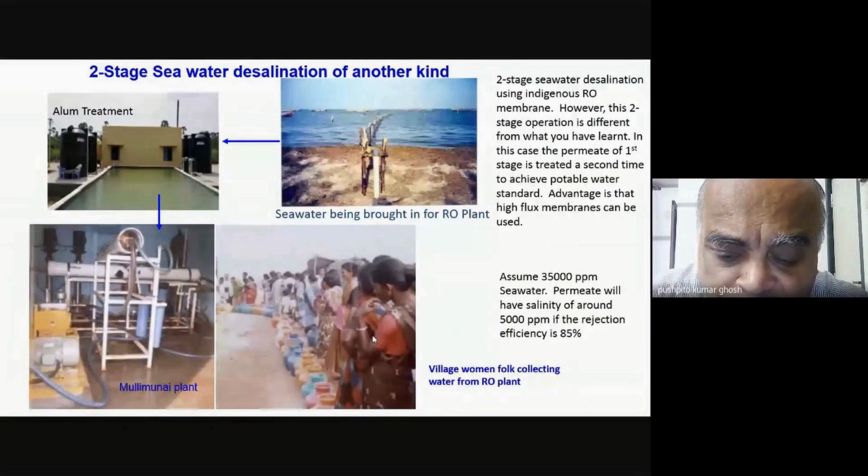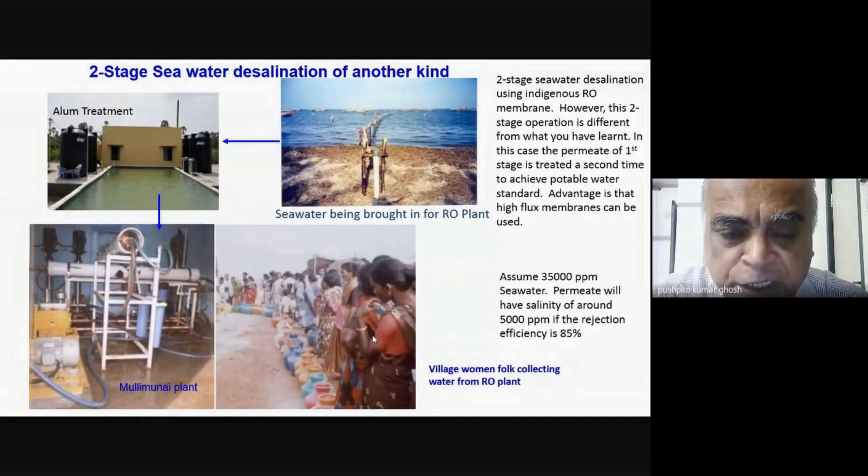But let me also tell you that you need not always go in a very bookish, conventional way. For example, I'll share with you some work that my colleagues and I did in my previous institution, where we were trying to put up seawater desalination plants in villages in Tamil Nadu. You can see the water is being drawn in, and then it goes into a tank.